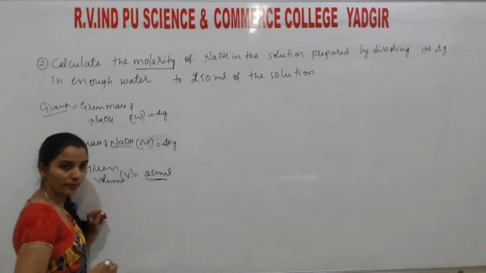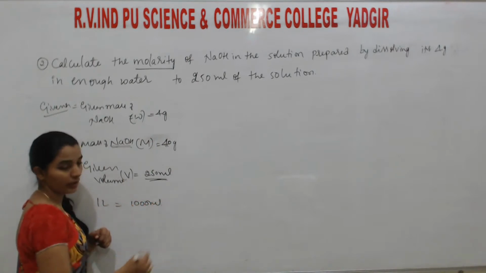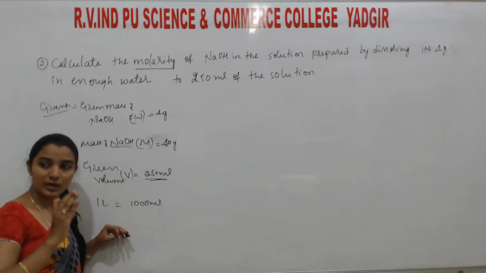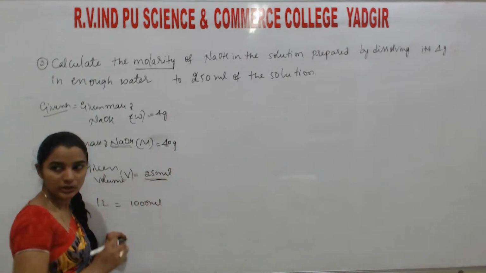Here W is the mass of NaOH, and M is 40 gram. V is the volume, and 1 liter is equal to 1000 ml. Students, you may calculate separately, converting mass into mole and volume into liter.